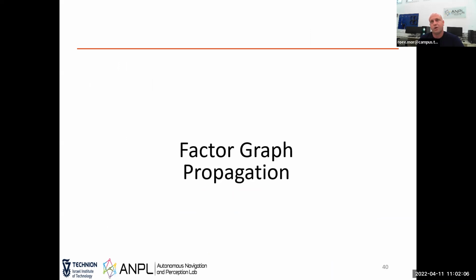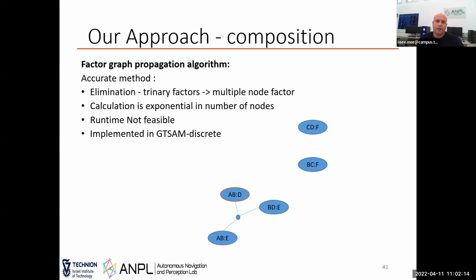We are going to show how this approximation propagates data through an actual factor graph. You remember that the composition factor is now approximated. It's a lighter factor. But when you have this factor graph with all these factors, and you have measurements for some of the triplets, you want to propagate the data through the graph.